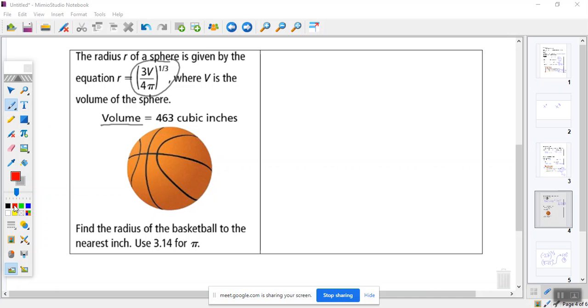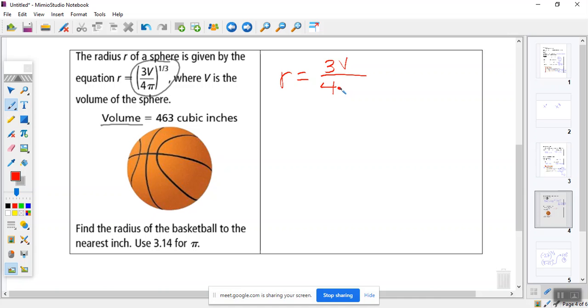All right. We know that the radius is equal to 3 times v all over 4 times pi. And it says use what for pi down here, kids? Now, kids, I know you have a pi button in your calculator, right? The only time I don't want you to use your pi button is when they tell you to plug in a value.